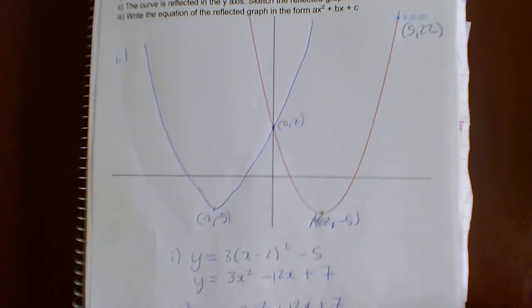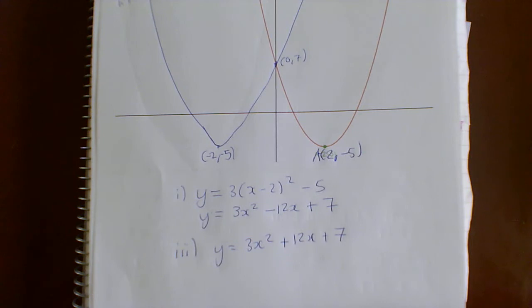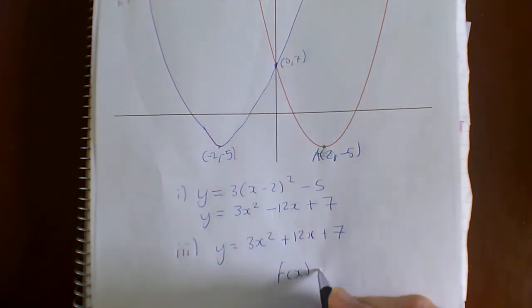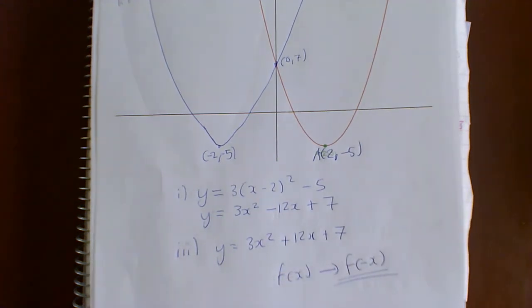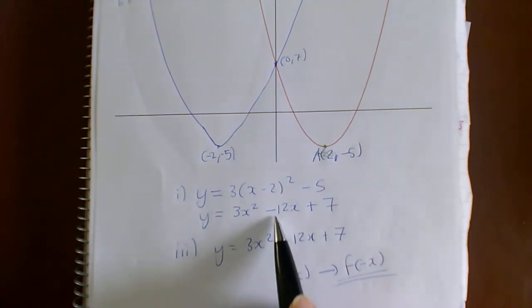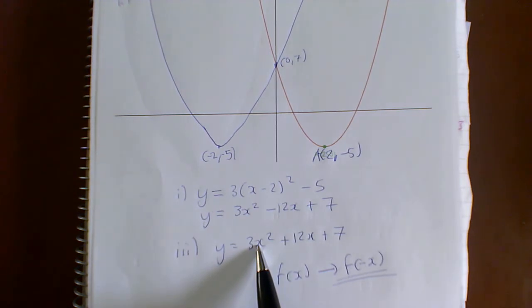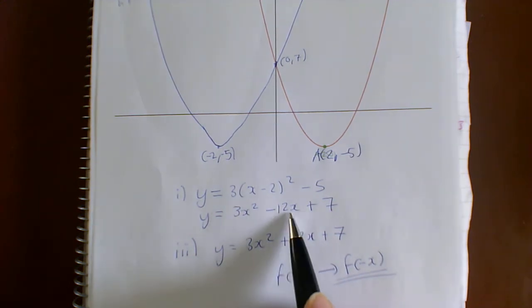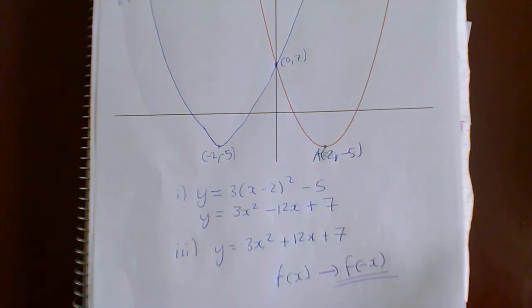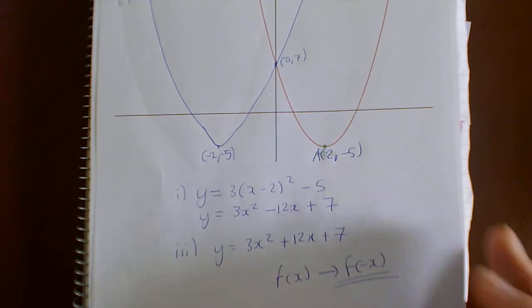There's your reflection drawn, and notice the equation of the reflection: we just go from f of x to f of negative x, which will reflect in the y-axis. The x squared term remains the same, since negative x all squared is the same as x squared, and negative 12x goes to positive 12x, and that has the effect of reflecting it.